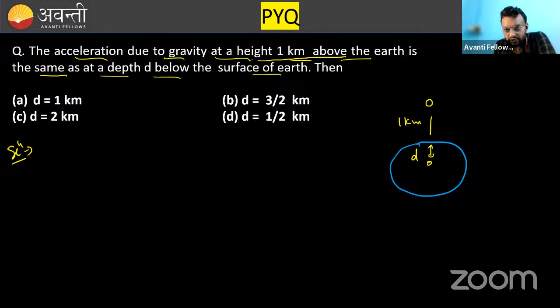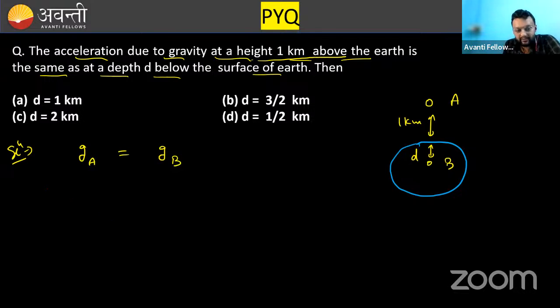So these are the two situations mentioned, and they are saying acceleration due to gravity at both these points. Let's suppose this is point A and this is point B. At both these points, acceleration due to gravity is the same. Now, they are saying that acceleration due to gravity at A is equal to acceleration due to gravity at B. Can you see that at these two points we have derived the relation?